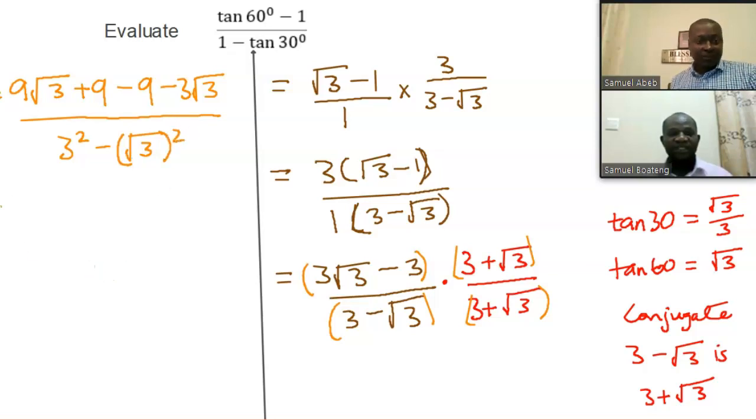Anytime you multiply a compound surd by its conjugate, the result is difference of two squares. So at the numerator, 9 minus 9 will give you 0. So we have 9 root 3 minus 3 root 3.